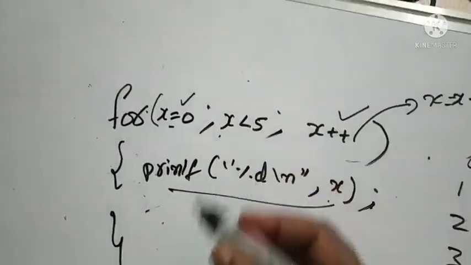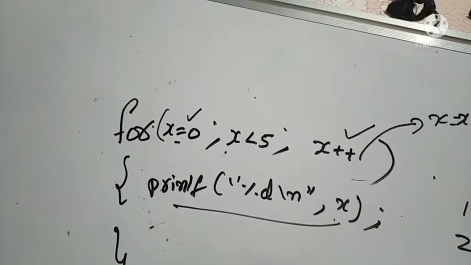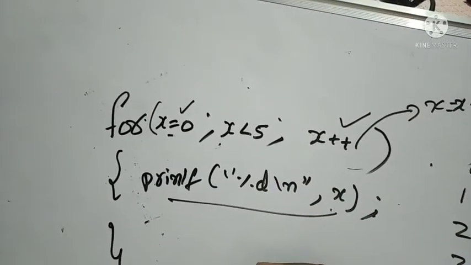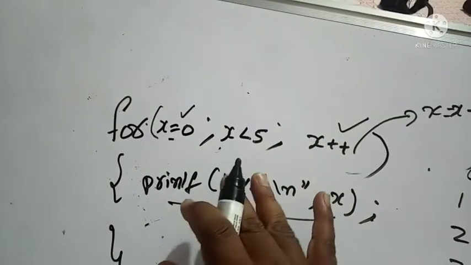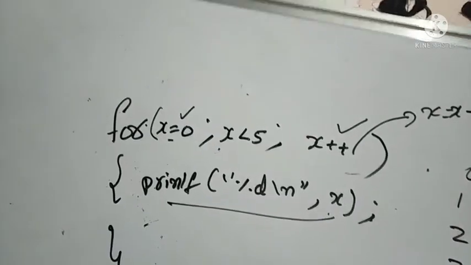Whatever instructions are within the flower brackets will be executed as long as this condition is satisfied. When the condition is satisfied, only then will it execute the instruction. If the condition is not satisfied, it will come out of the loop.